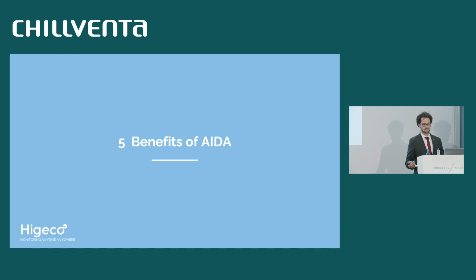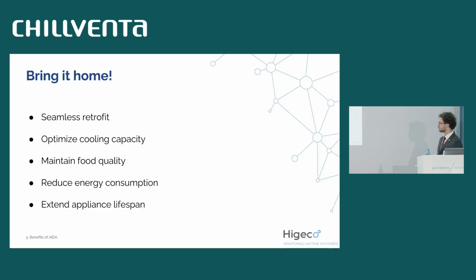So what are the benefits of this kind of solution? First of all is the seamless retrofit. It's very easy to install it in a legacy machine. We optimize the cooling capacity since we need to defrost less, and we generally work in better conditions from the heat exchange point of view. This in turn improves the food quality which we can maintain.